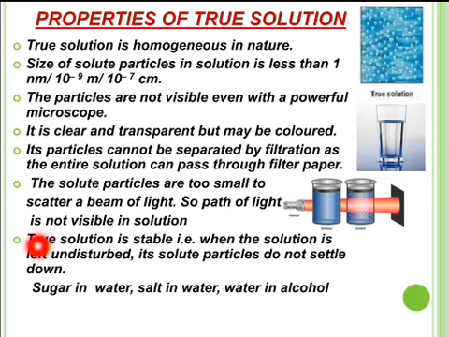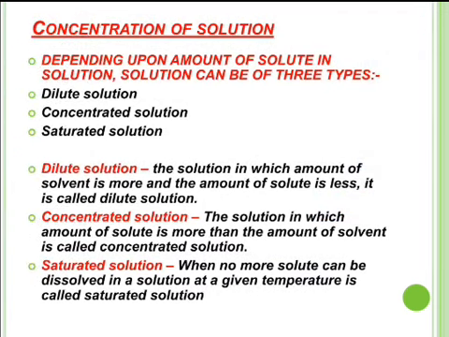It means the particles in a true solution cannot settle on their own. The solution is highly stable. Various examples of true solution are sugar in water, salt in water, and water in alcohol, etc. These are the properties of a true solution.